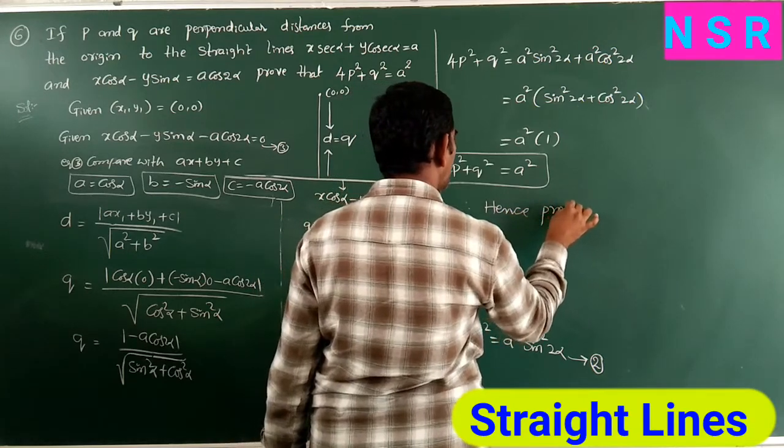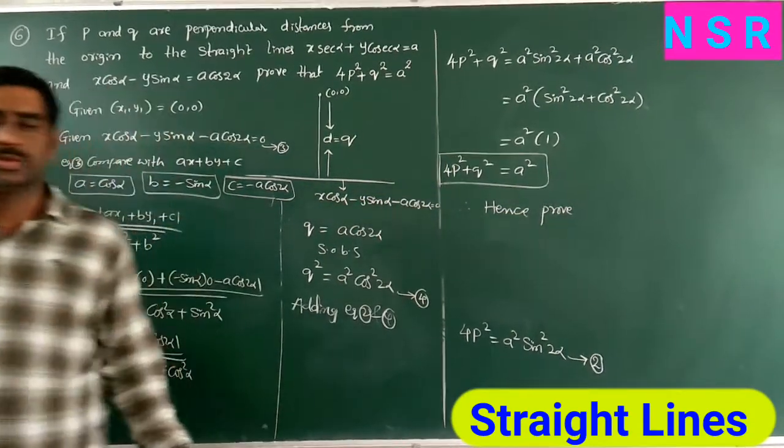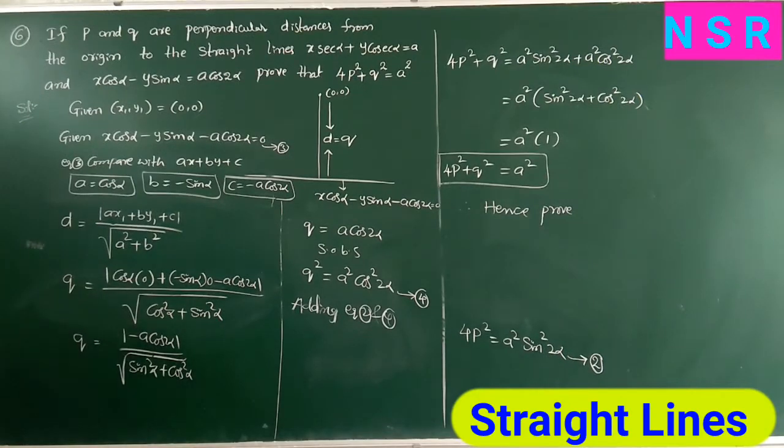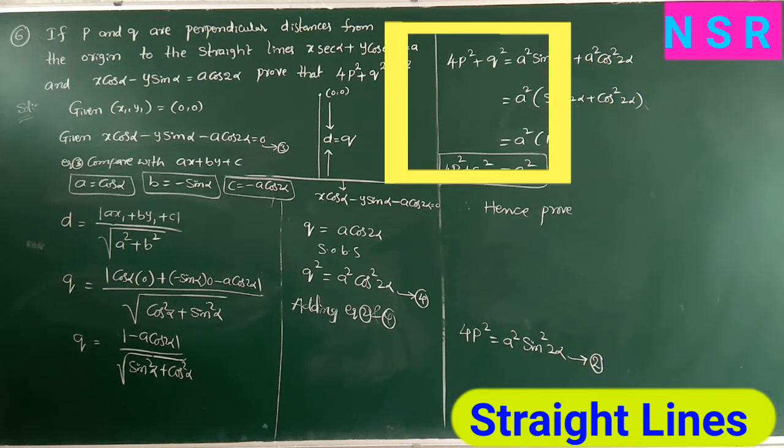So hence proved. So this is a very important question for 7 marks. So the perpendicular distance from origin to two lines is first perpendicular distance p and second perpendicular distance q, then 4p square plus q square equal to a square.